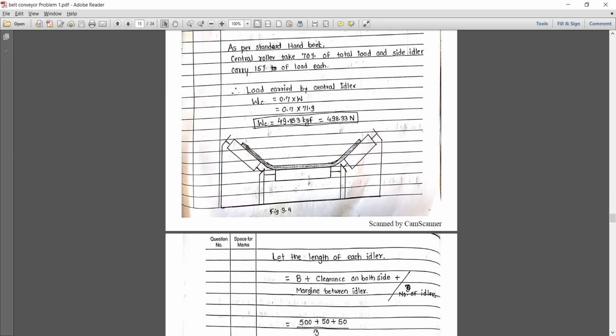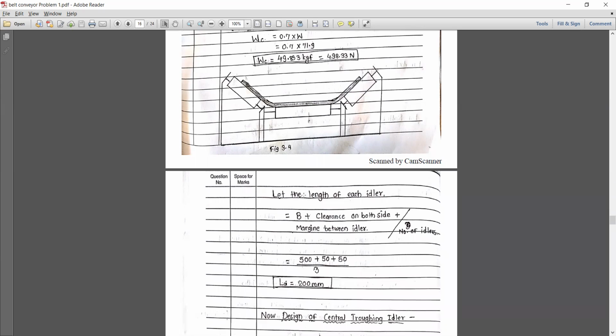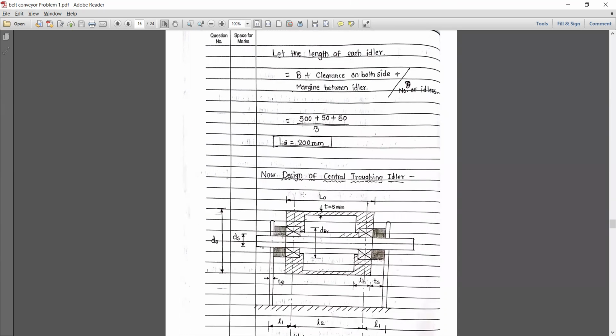The load carried by the central idler, WC, is equal to 0.7 into W. So WC is equal to 49.833 kgf, or 498.33 Newton. The length of the idler is considered as B plus the clearance on both sides plus the margin between idlers, divided by the number of idlers. In a troughing idler we are using 3 idlers.